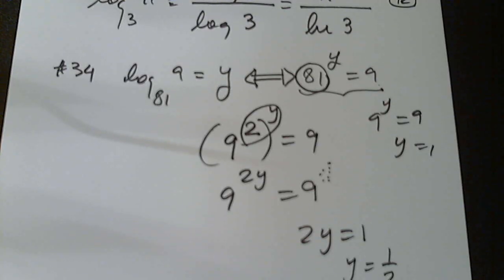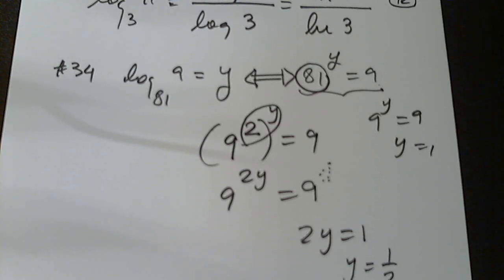I will insert and then delete the 3. And then this is 9. So when I hit enter, I have to get 0.5. If I don't get 0.5, something is wrong.